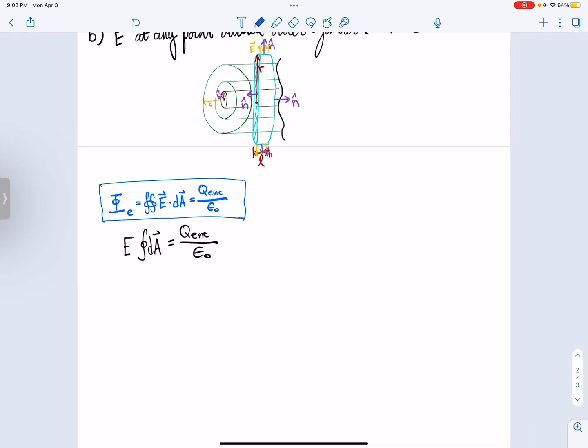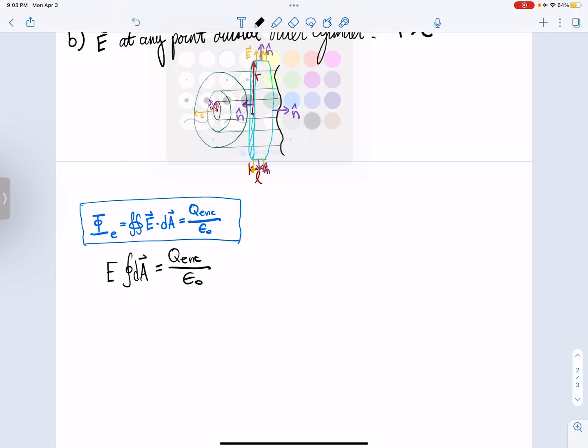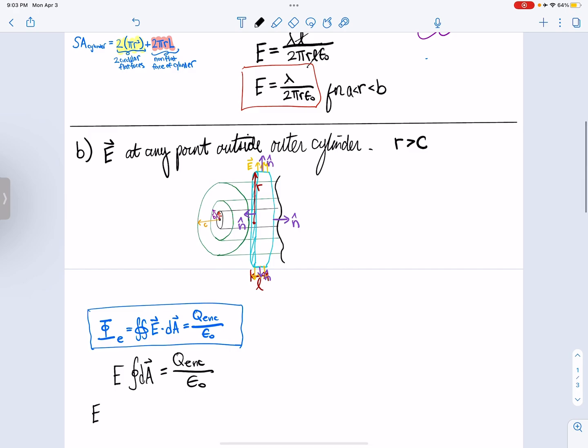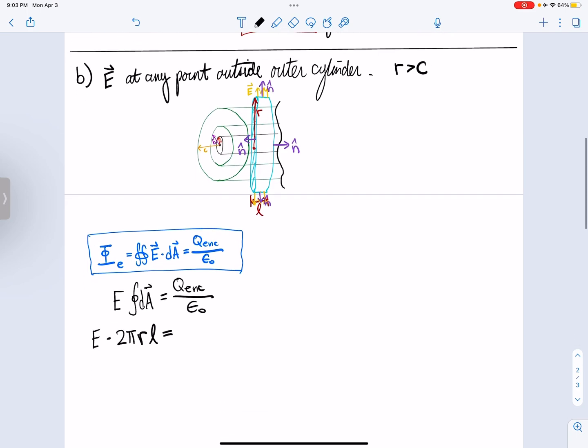Okay, so my flux is going to be E times my Gaussian surface area of 2 pi r, and my length is that unit length L. And that's going to be equal to the charge enclosed, which is still that charge for the inner radius, because the inner radius has a charge density of positive Q over L, positive charge per length.